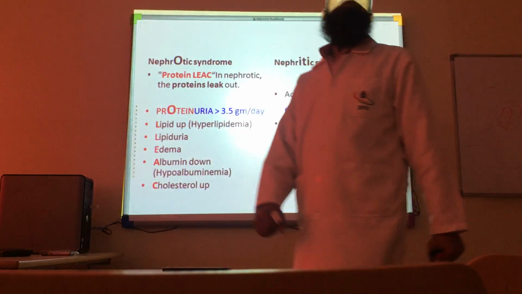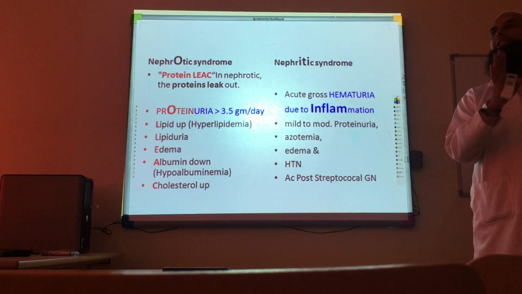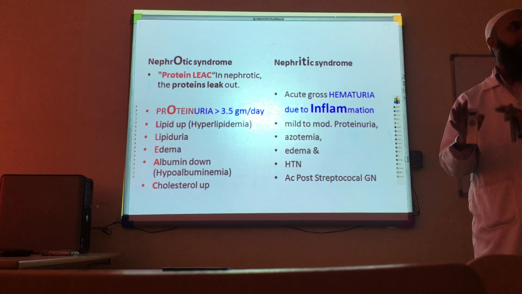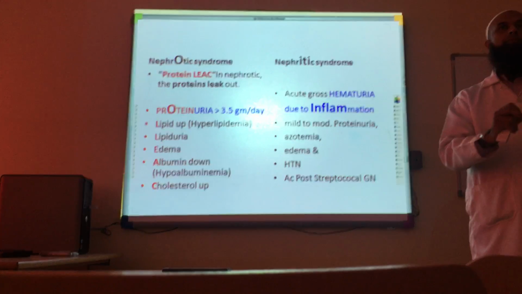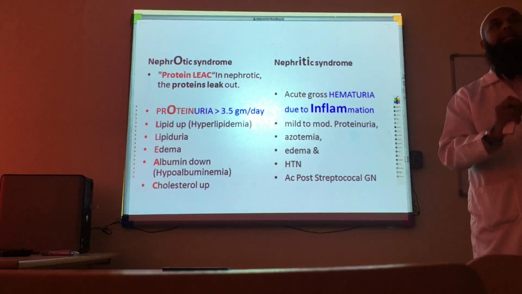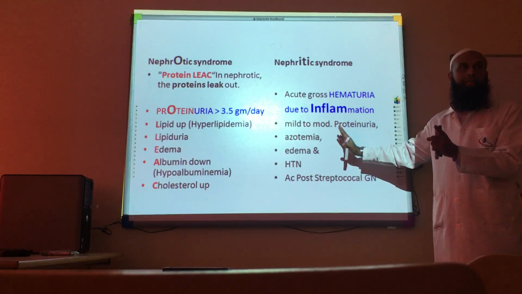No. The difference between uremia and azotemia, actually both are similar. Both have elevated levels of nitrogen, urea and creatinine. The only difference is when we have the clinical signs and symptoms, or clinical manifestation, of increased urea, then we call it uremia.